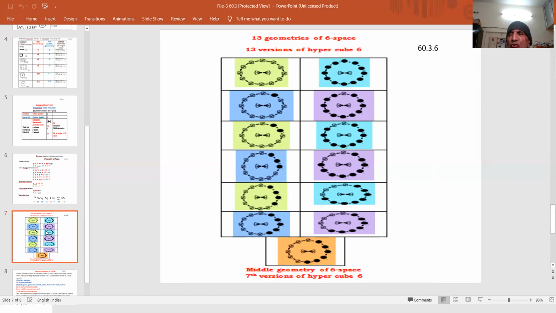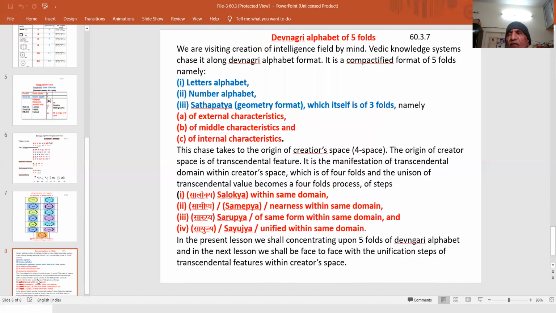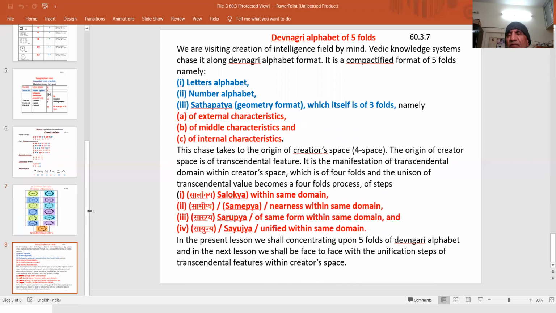And it is going to be in the form of the unification of the origin within the domain. These will be 4 steps. We shall be focusing upon it. We shall be imbibing these features in our next lesson. One shall sit comfortably and one shall be through all these features of 5 folds of Devnagari alphabet. Thank you very much.